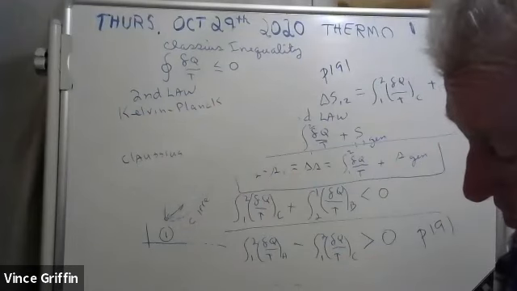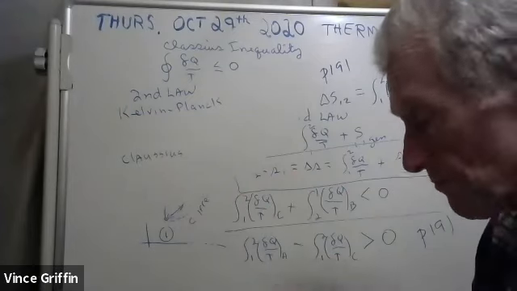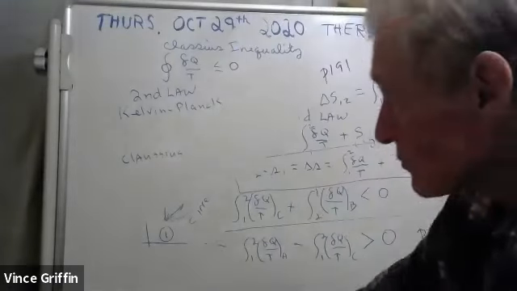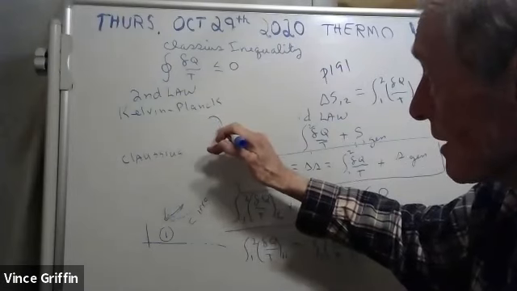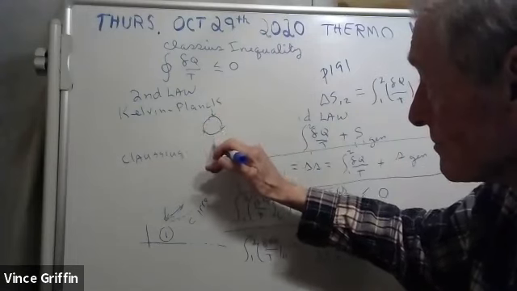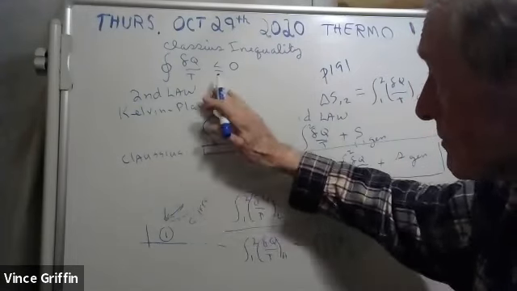The Kelvin-Planck version says that if you have a heat engine, it's got to have some waste heat. What they're saying is you can't have a heat engine like this with no waste heat.